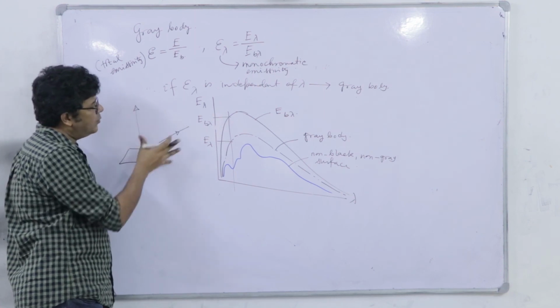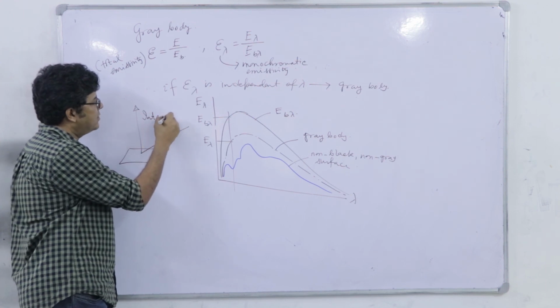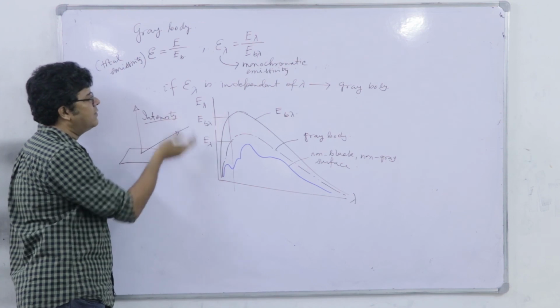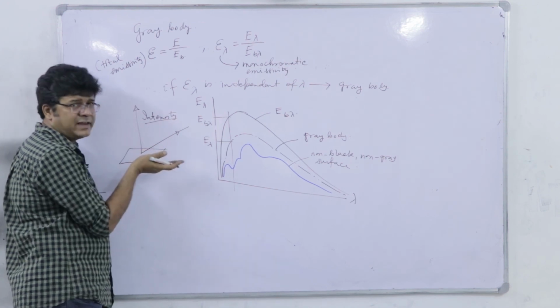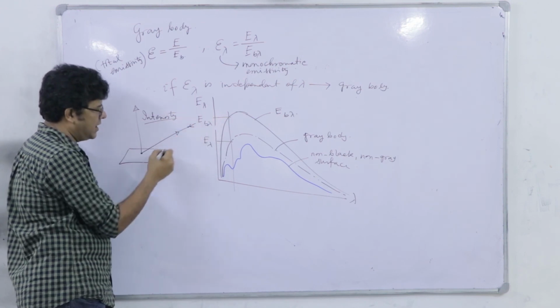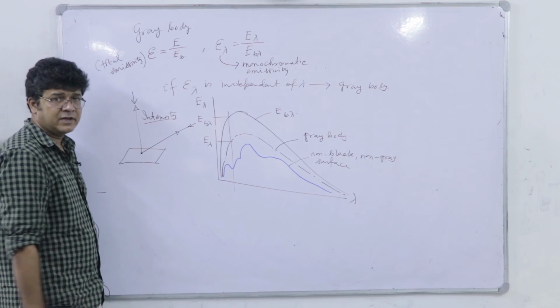So, there is some property which is called intensity, right. This intensity actually will vary as we change the direction of preference. Here if we choose this specific direction, we will have a different intensity compared to this specific direction, right.